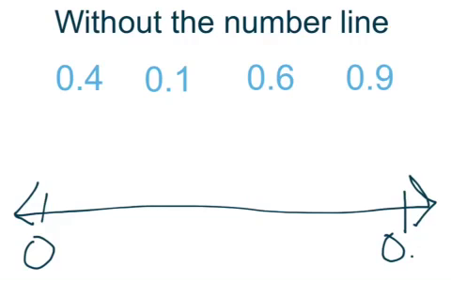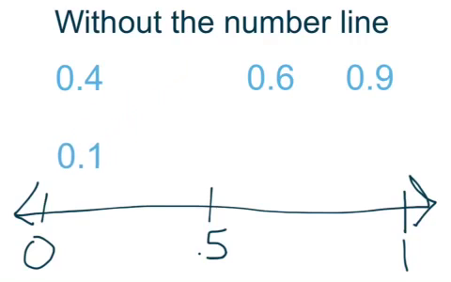My largest would actually be a 1. To erase that. So my largest is going to be a 1. Alright, and let's see, I'm just going to put 0.5 in the middle so I can kind of estimate where my middle is. And I'm going to know that my 0.1 is going to be all the way at the beginning here, because that's a pretty small number.